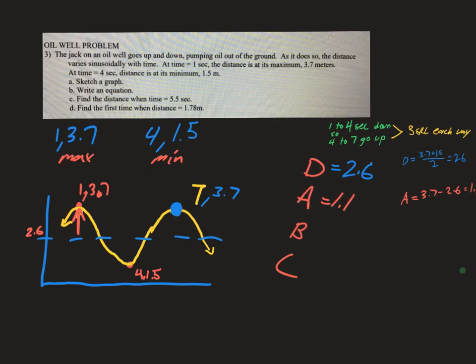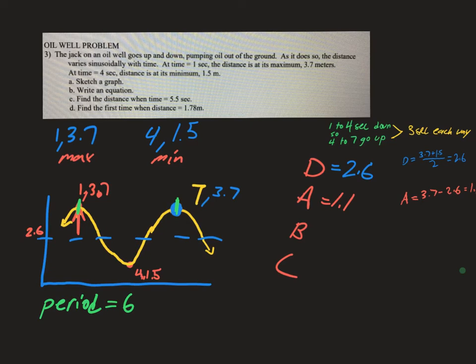So you'll remember B, we used the period to calculate B, but what's the period for this function? Okay, I'm hoping that you got to the idea that, hey, my period is going to be from this maximum to this maximum, right? So my period is from 1 to 7, so it's going to be 6 seconds, okay?